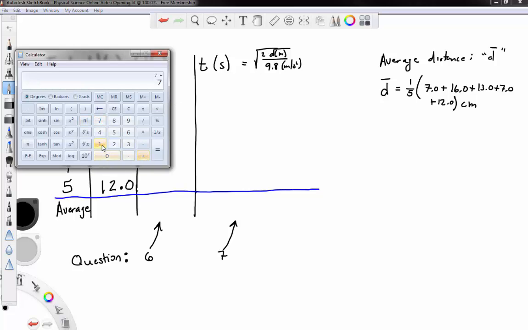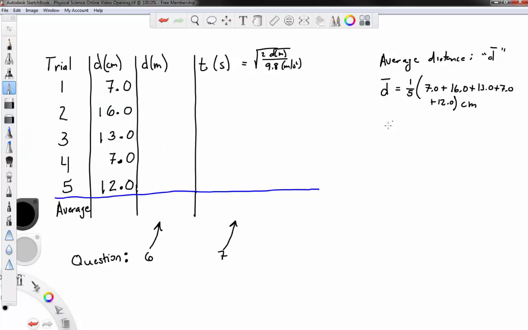So 7 plus 16 plus 13 plus another 7 plus 12. That gives us 55. So our average, therefore, D average, is 1/5 of 55.0 centimeters.